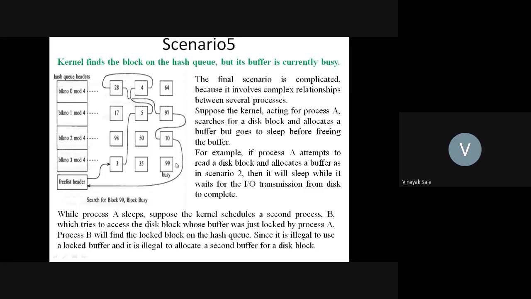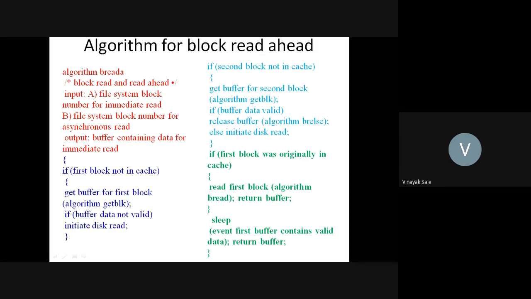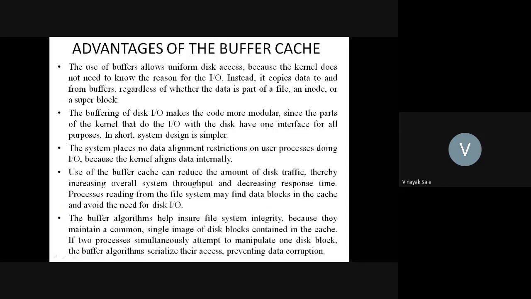Whenever block number 99 becomes free, it allocates the work to that buffer or block. Did you get it? Yeah, sir. Then we have seen this graph, then reading and writing block algorithms, and the last part of the buffer cache, that is advantages and disadvantages, we are going to study.